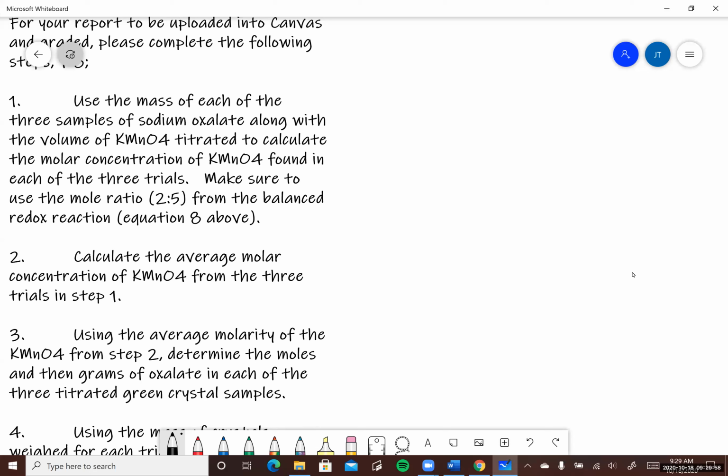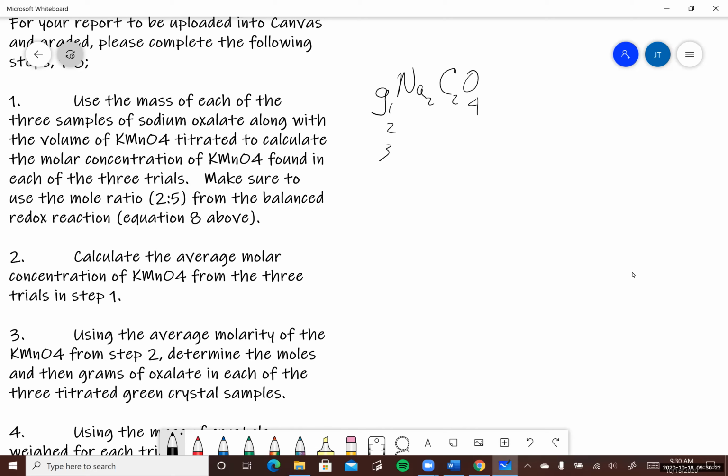samples of sodium oxalate. So you're going to have some grams of sodium oxalate, and you're going to have 3 of them, and you're going to need to use that along with the volume titrated. So it's 1, 2, 3.